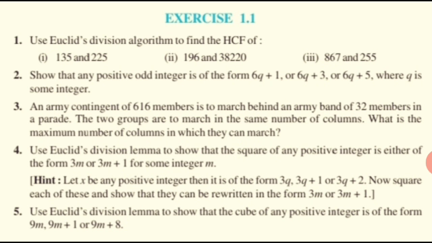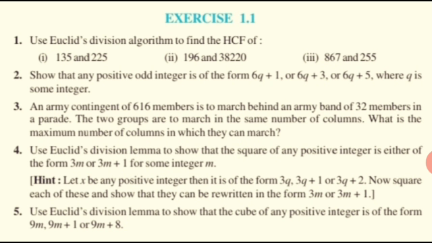Here they have specified the number of army band members to be 32, whereas the army contingent has 616 members. The condition is the two groups are to march in the same number of columns. The number of columns for both army band and army contingent is supposed to be the same.